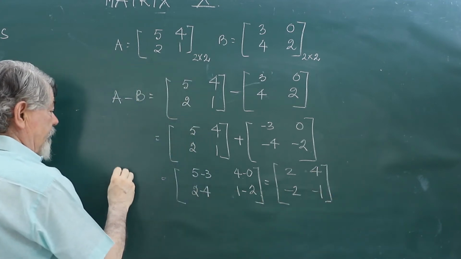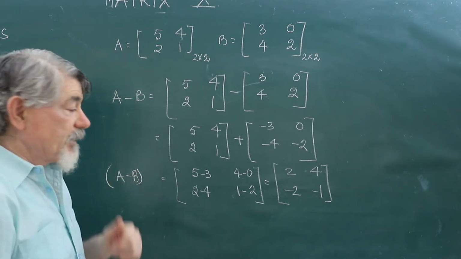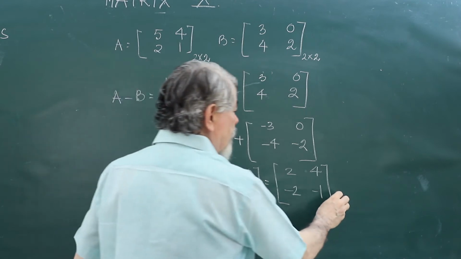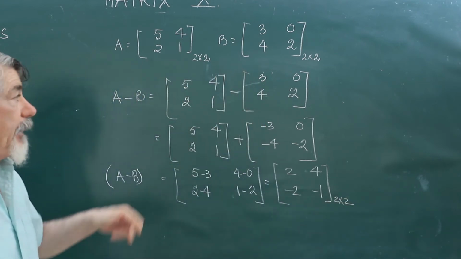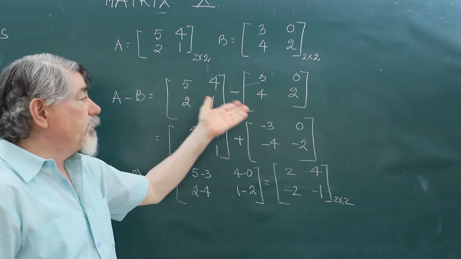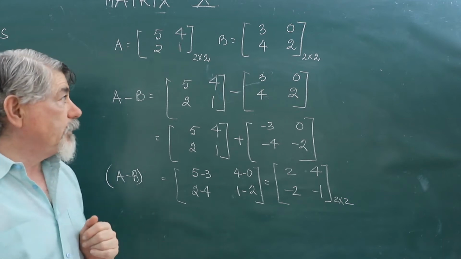So we get A minus B as 2 4 minus 2 minus 1, and it is of the same order as the two original matrices were. A and B were of the order 2 into 2. So A minus B is also of the order 2 into 2.